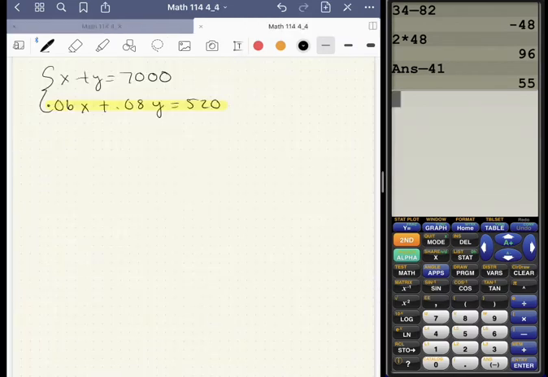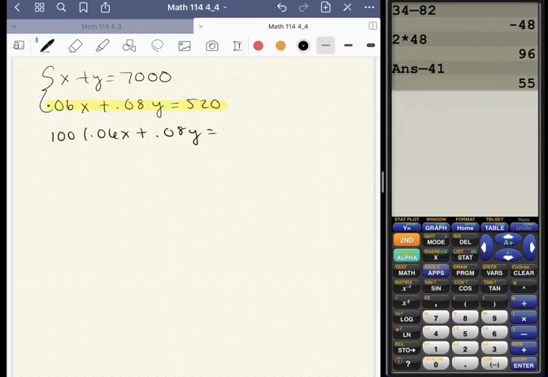Again, I don't like that bottom one because it has decimals in it. So before we continue, to make our life a lot easier, let's multiply everything in the bottom equation by 100.